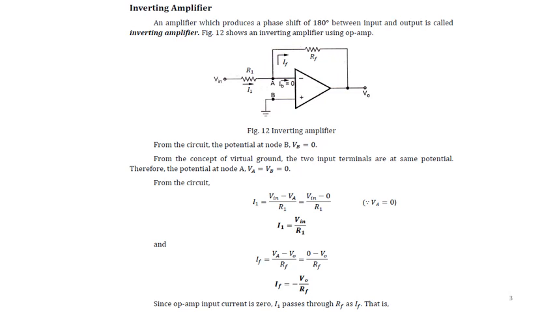So there will be a 180-degree phase shift between input and output. And if I give a signal to the non-inverting input, making the inverting terminal ground, then we get the output non-inverted. There is a 0-degree phase shift between input and output.